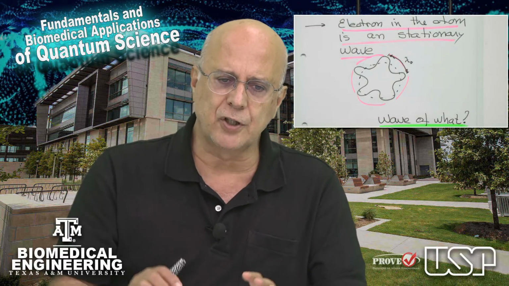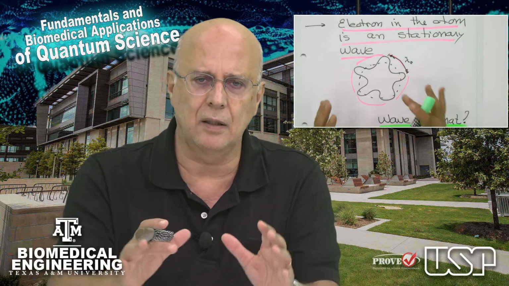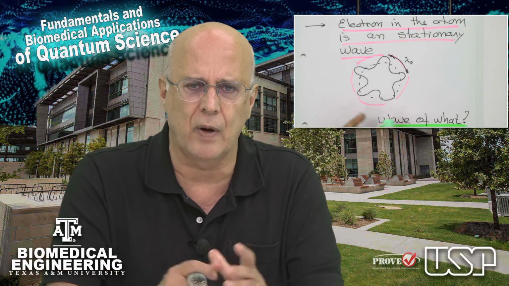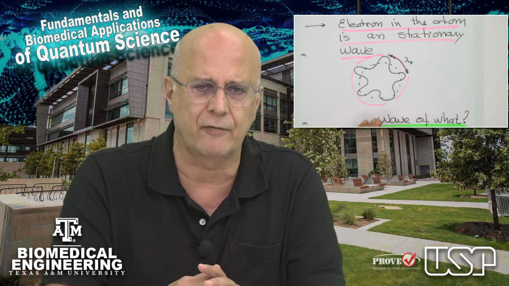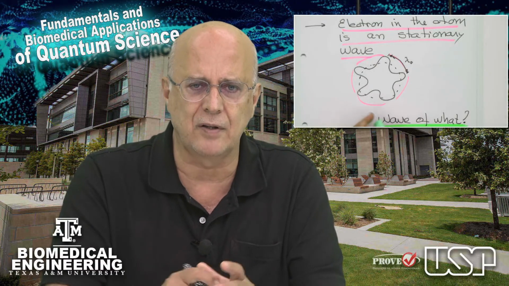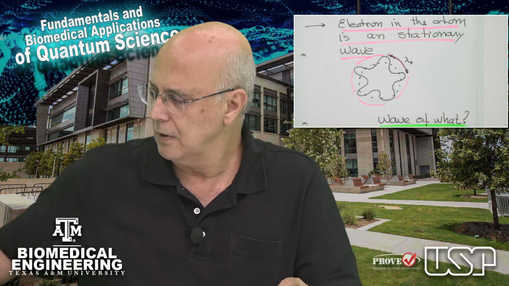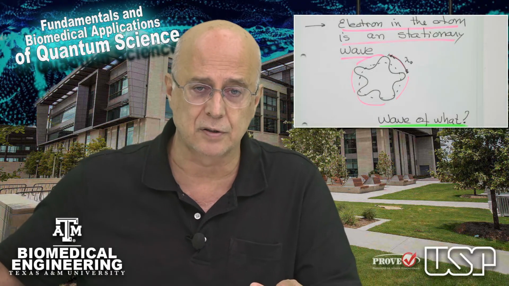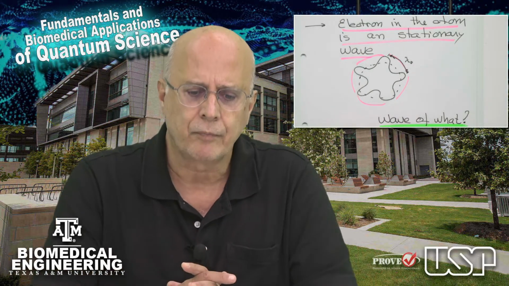Okay, so you see that the electron is always a wave, and this is the most important thing for what we're going to do. But not only the electron, right? Everything else that has momentum, in some situations, will behave like a wave.